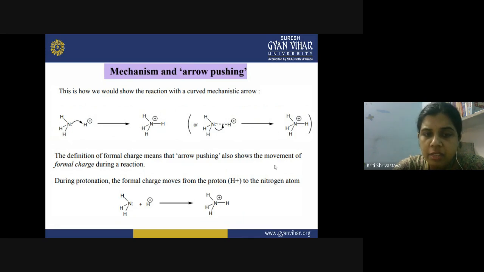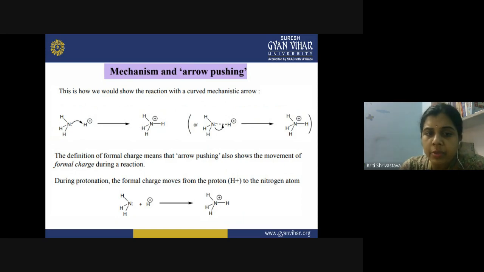Arrow pushing also shows the movement of the formal charge during a reaction. We use arrow pushing to show from which molecule and which atom the electrons are moving, and the arrowhead shows the direction in which they are moving, and on which atom they are transferred.